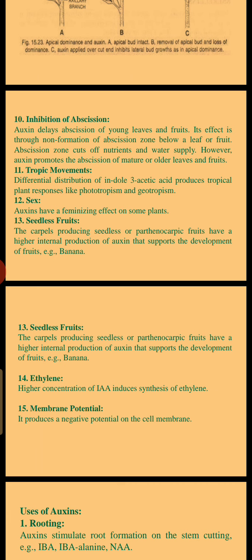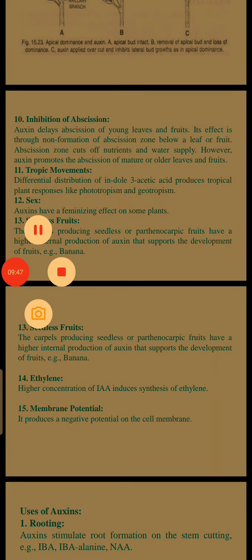And membrane potential, which I have already told you about in slide number 4 or 5: it will enhance the osmotic pressure of the cell. So finally the permeability of the cell will increase because it will create a negative potential of water. These are the general functions, or you can say the major physiological roles of auxin in different crop species.